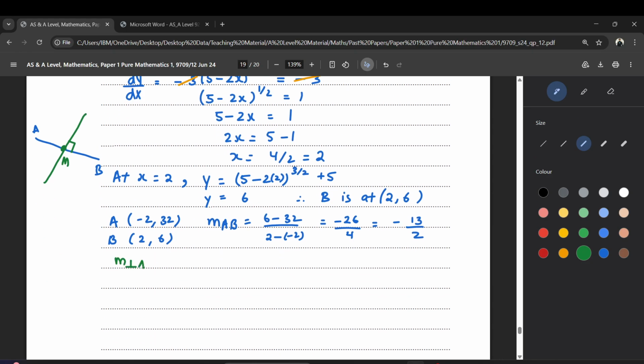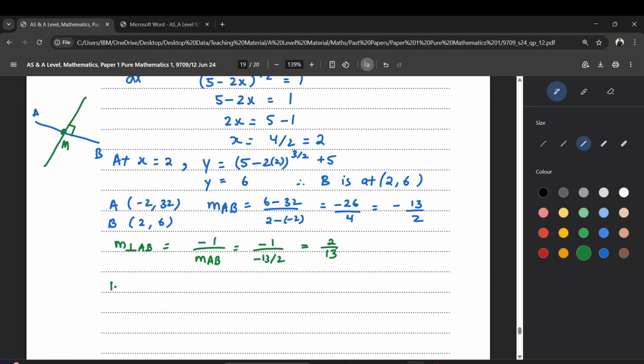Gradient perpendicular to AB will be minus 1 upon gradient of AB. So that is minus 1 over minus 13 divided by 2, which gives us 2 upon 13. That is the gradient. Then we need to calculate the midpoint of AB. So midpoint of AB will be (x1 plus x2 upon 2, comma y1 plus y2 upon 2).